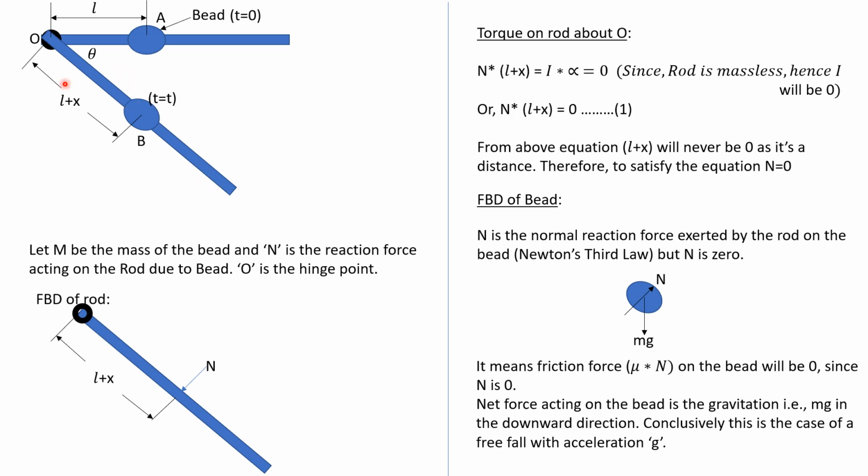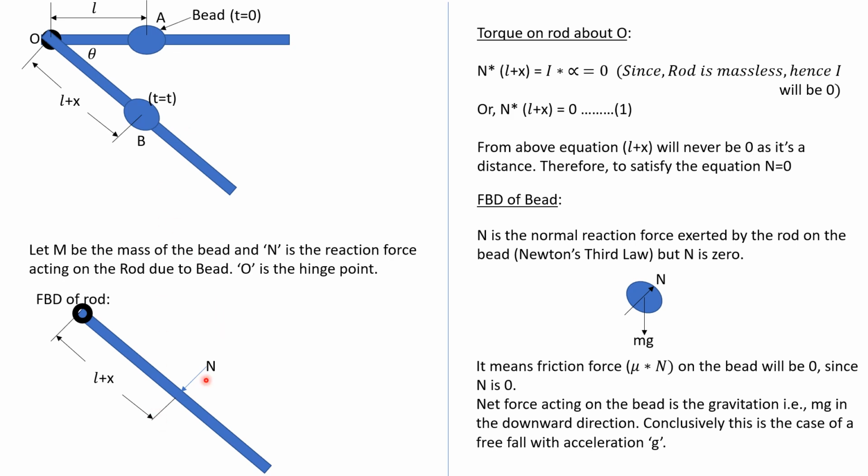We have assumed that L plus x is the new position of the bead while the rod took the position at angle theta from the horizontal. For solving it, we have assumed that M is the mass of the bead, and N is the reaction force acting on the rod due to the bead.